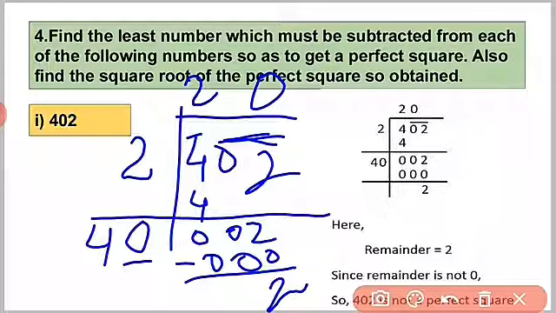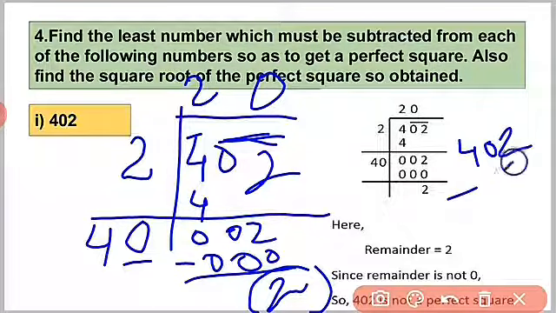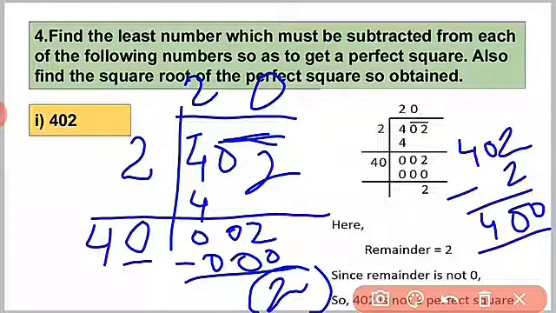So what number should we subtract from 402 to get a perfect square? Whatever the remainder is, you will subtract that remainder from the given number. So when we subtract 2 from 402, we get 400. Let's see whether this number is a square number or not.